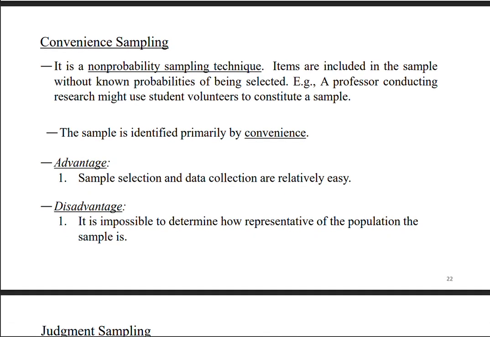Now, we also have convenience sampling, which is known to be a non-probability sampling technique. Here, our selection is based on convenience. Who is it conveniently possible to add to a sample? And so a professor conducting research on students, out of convenience, wouldn't have to leave the college and go to a different province and work with students there, but might want to use students that are very close to him at, say, the college.